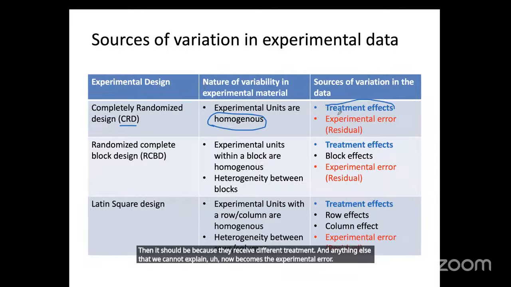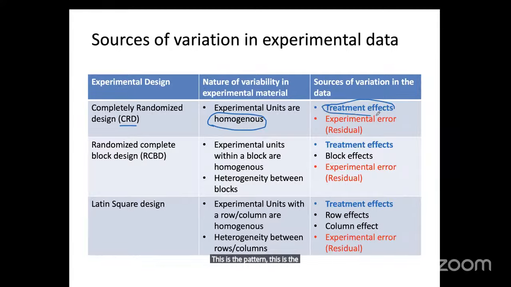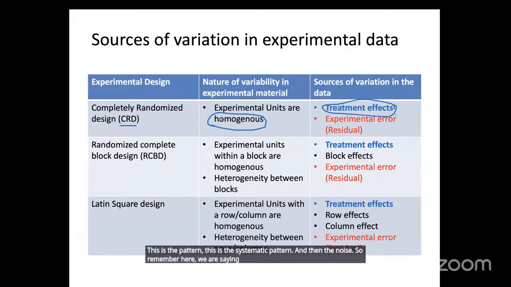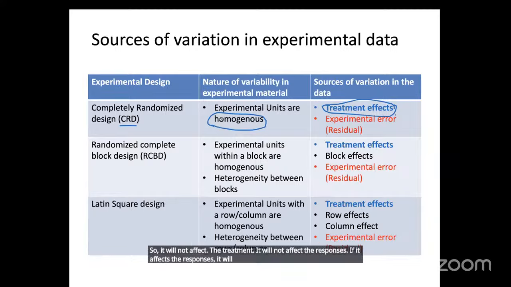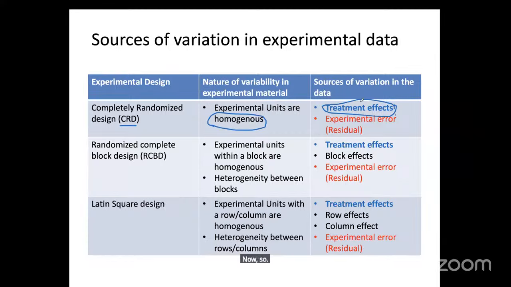Now, remember yesterday we talked about the pattern and the noise. So here you have the pattern, this is the systematic pattern, and then the noise. So remember here we are saying that the experimental units are uniform, so they will not affect the treatment. It will not affect the responses. If it affects the responses, it will be uniform. So the only thing that will make the responses differ will be the effect of the treatment.